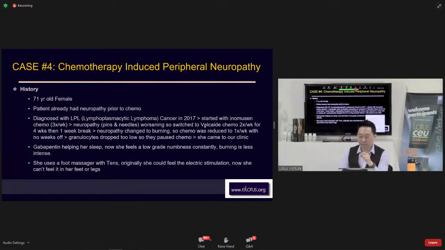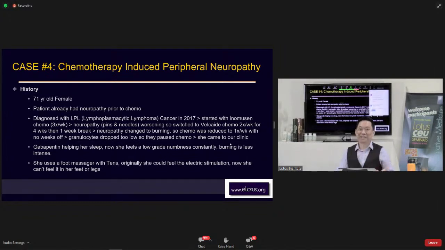So they switched to Velcade chemo twice a week for 4 weeks and then 1 week break. The neuropathy changed from pins and needles to burning. So chemo was reduced to once a week with no weeks off. Her granulocytes dropped too low, so they had to pause the chemo. And that's when she came to our clinic.